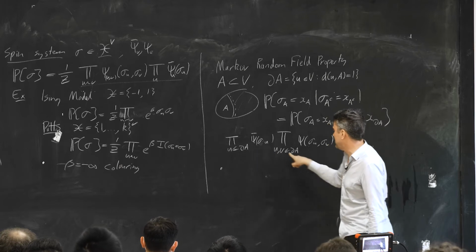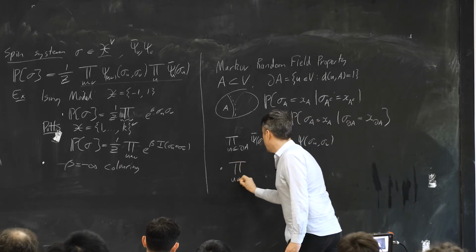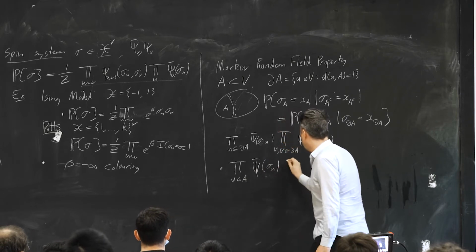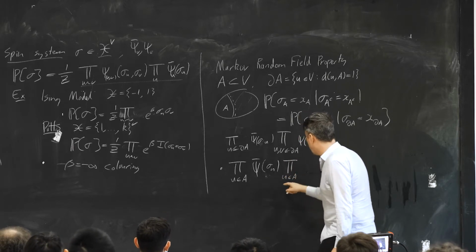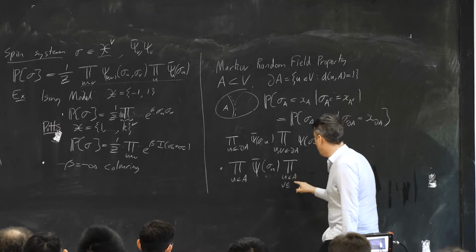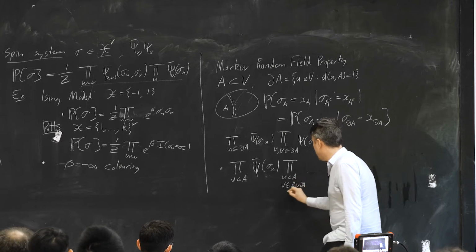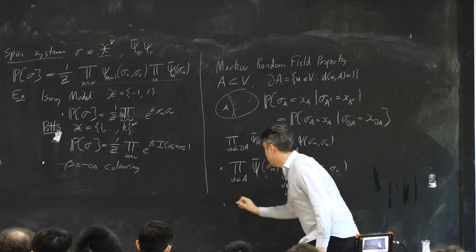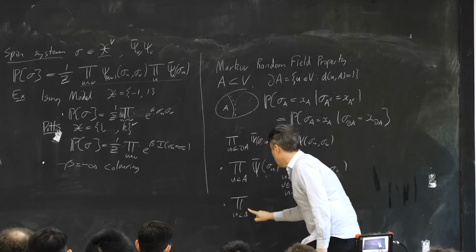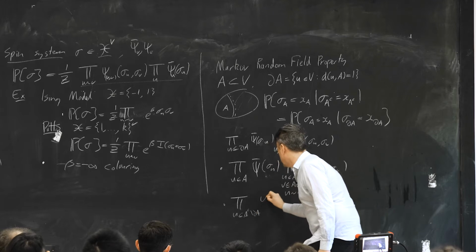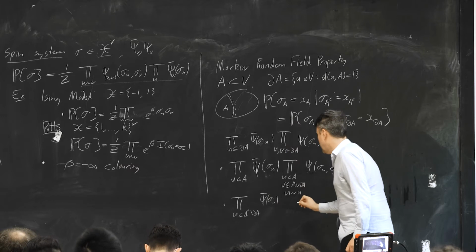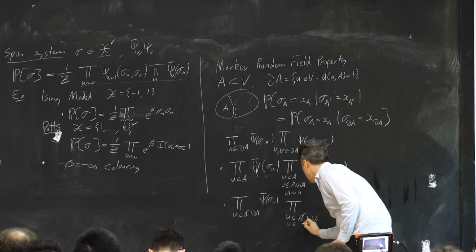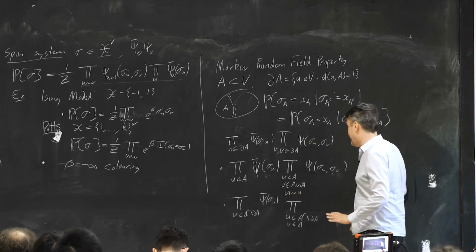The part of the product that just depends on things in partial A, and then a product of things that are just in A, psi bar over edges that are in A, or where one end is in A and the other end is in either A or partial A, the boundary, of sigma U, sigma V. And then the same thing again for A complement minus partial A. I think I've gone below the line of what you can see.